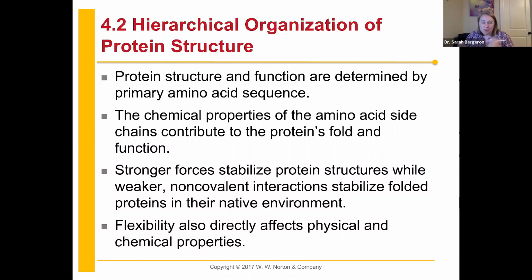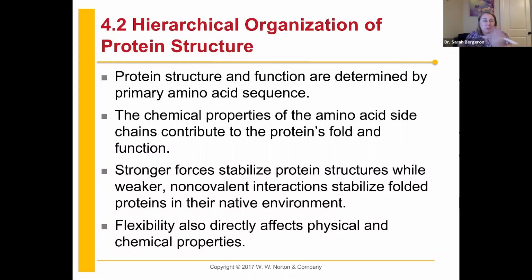So we know that protein structure and function are really determined by that primary amino acid sequence, because that is what is going to contribute to how the protein is folded. And so we have two different interactions that occur in order to stabilize protein structures. So we have weak and we have strong.